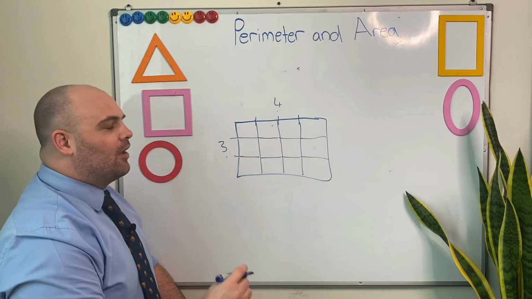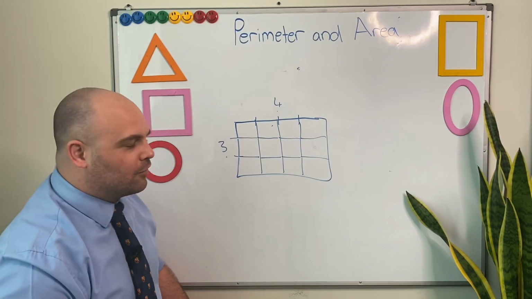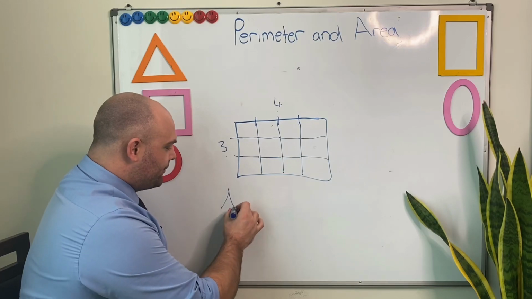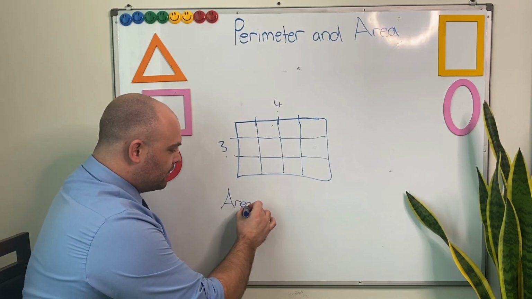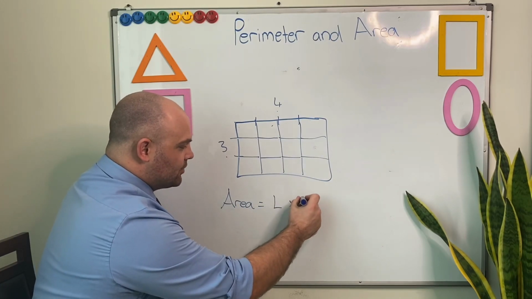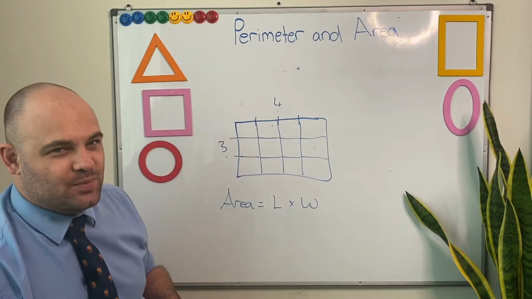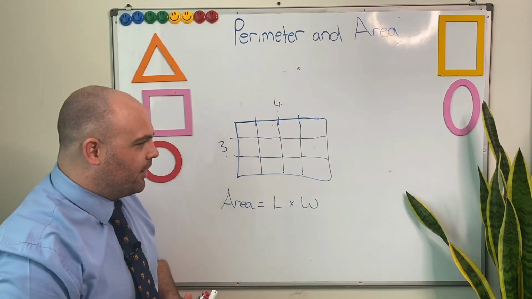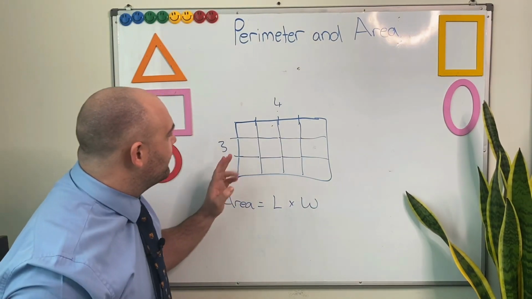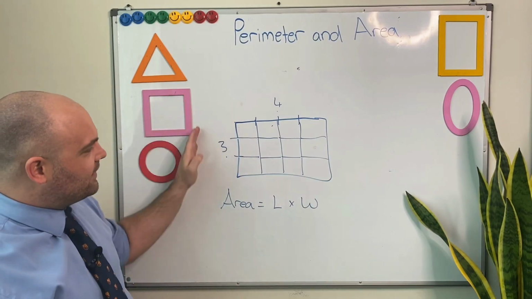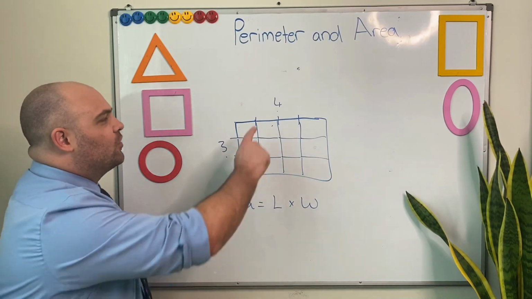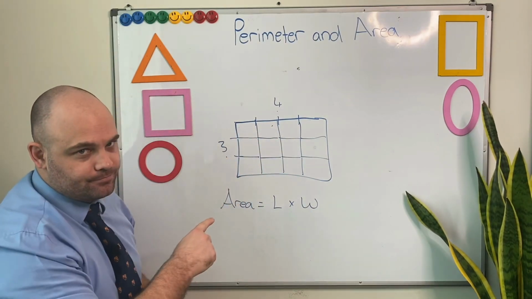The formula for finding the area of a rectangle is area is equal to length times width, or length times breadth as it's sometimes called, or sometimes length times depth as far as I'm aware. All we did here to find out this area was say 4 times 3.